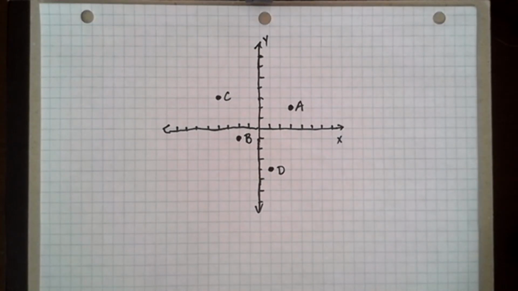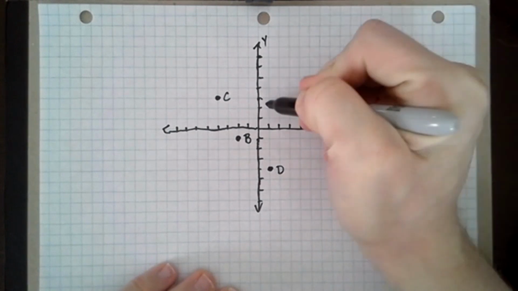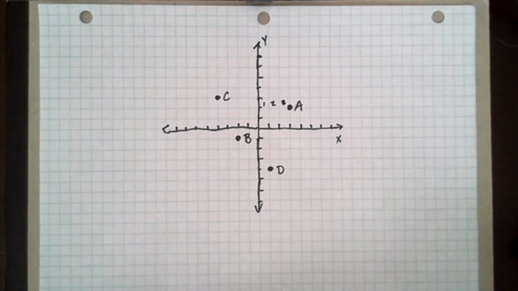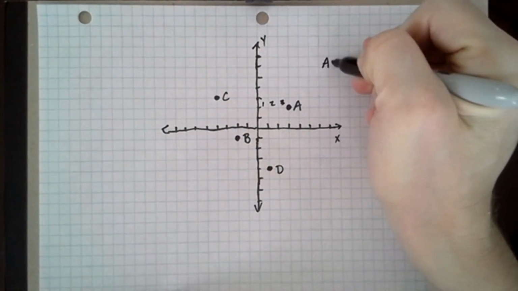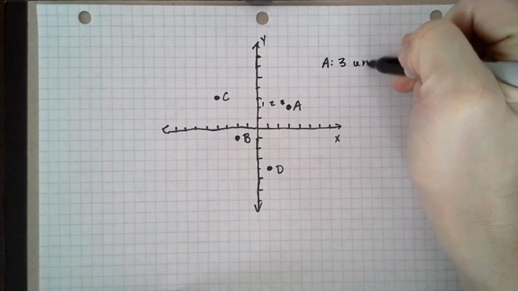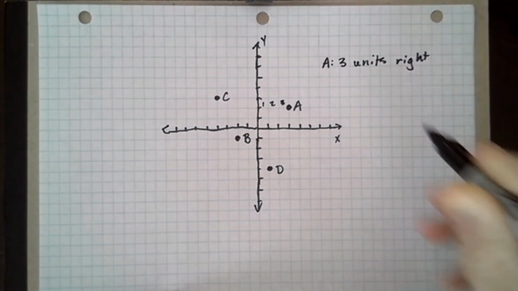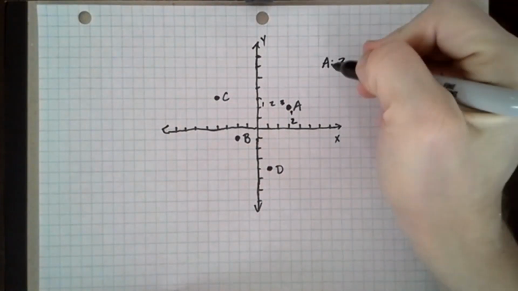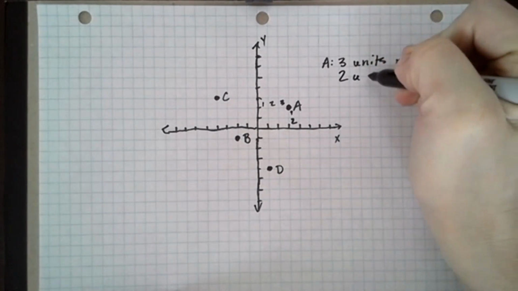So if we look at point A here, point A is right here, and we can see that it is 1, 2, 3 units to the right of the y-axis. And we can also see that it is 2 units up from the x-axis.